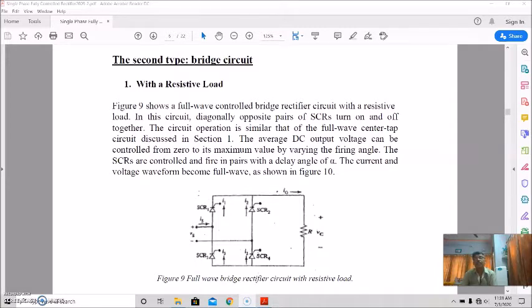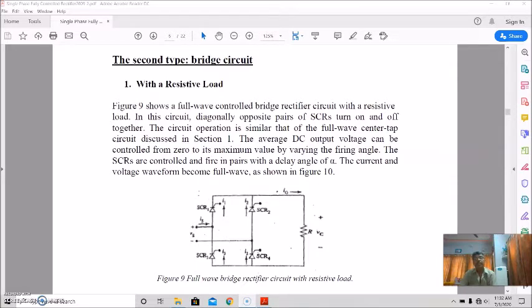Today we'll discuss the second type, that is a bridge type circuit. First of all, we'll discuss this bridge circuit, single phase full wave converter with resistive load, and then gradually we'll discuss inductive load, resistive inductive load, and so on.